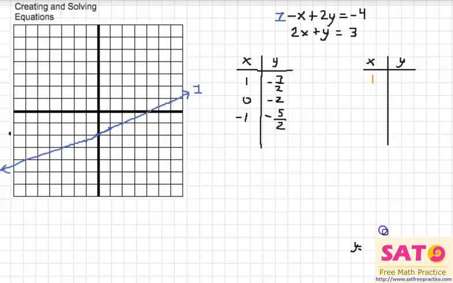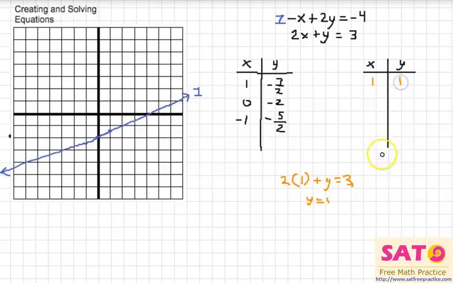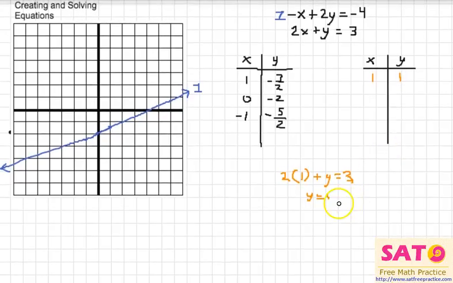So, for 1, 2 times 1 plus y equals 3. And y equals 3 minus 2, which is 1. So 1 and 1. Nicer points. And let's do 0. So 0 plus y equals 3.